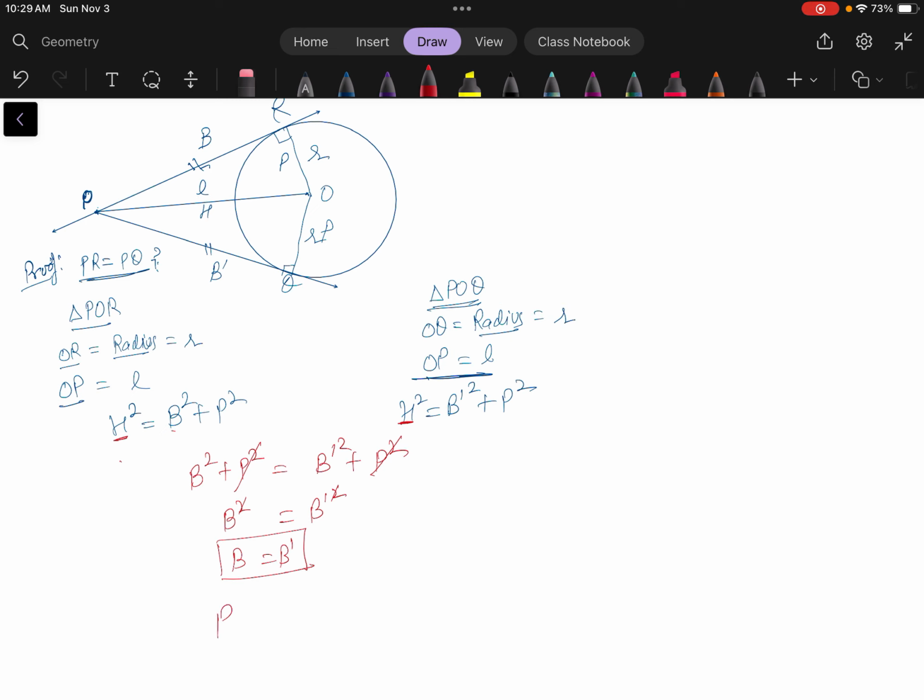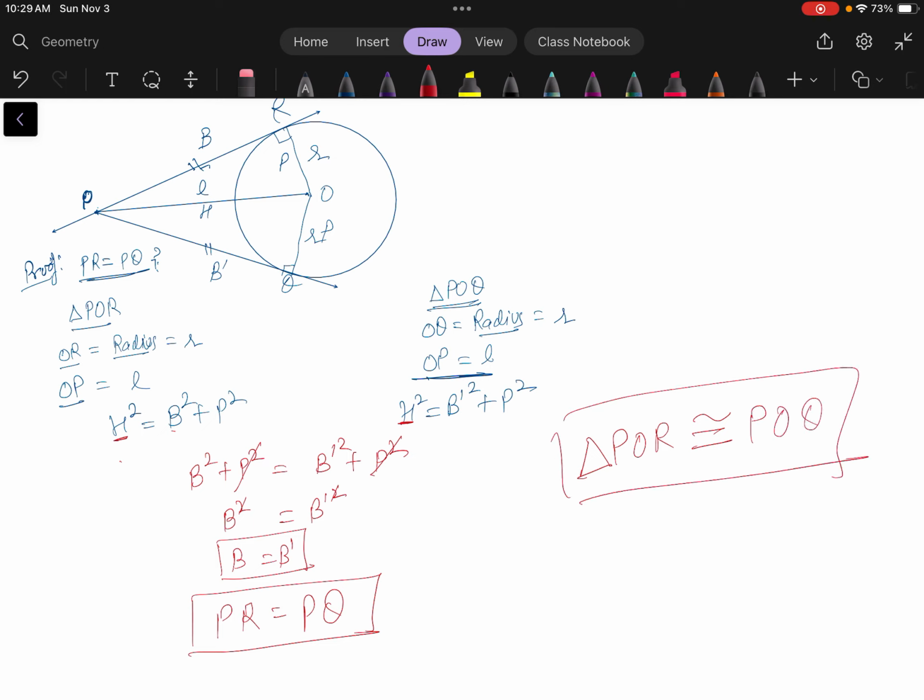B dash is equal to PR, and B is equal to PQ. So this is our proof that this triangle POR is congruent to triangle POQ, so that this side is equal to this one, this is common, and this is the radius.